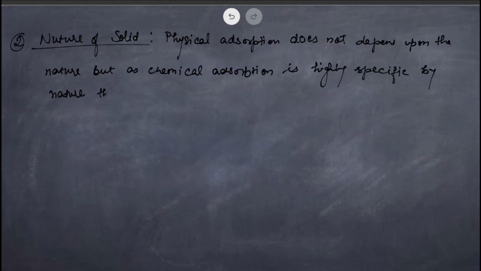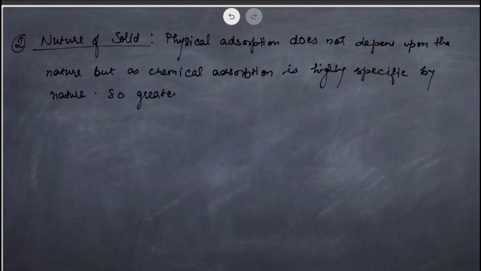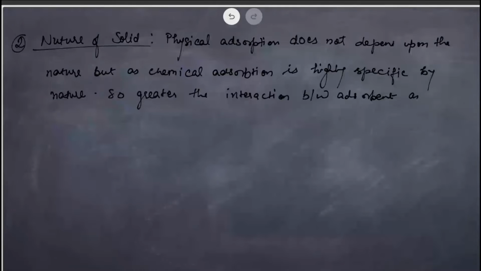So the greater the interaction between adsorbent and adsorbate, the greater the extent of absorption.